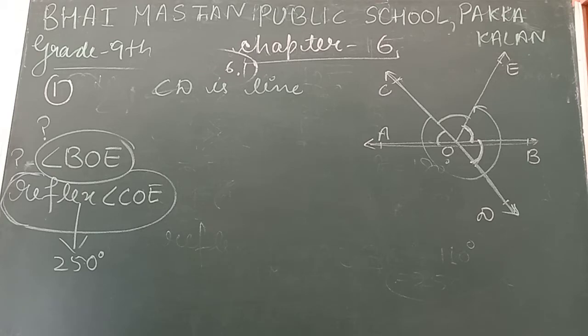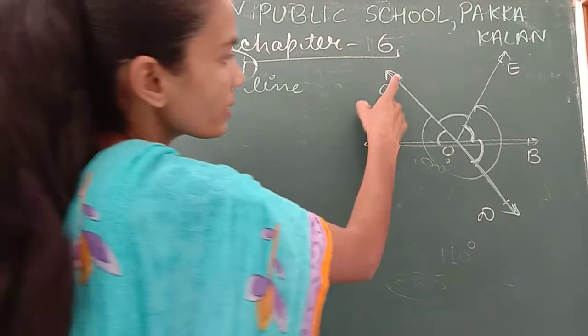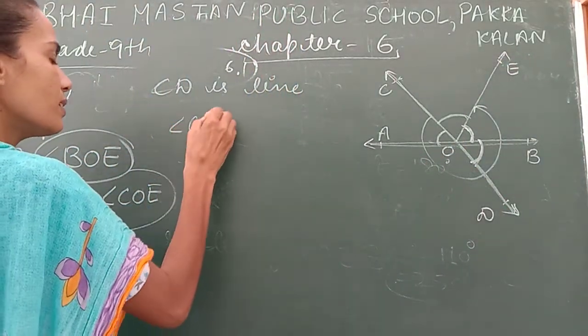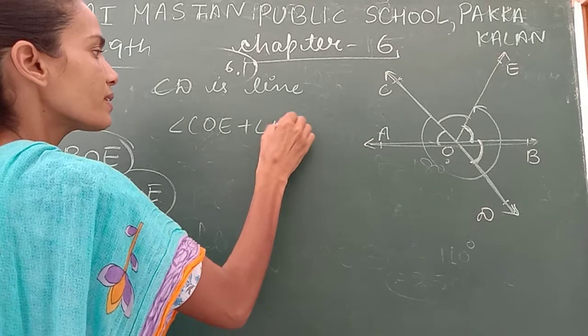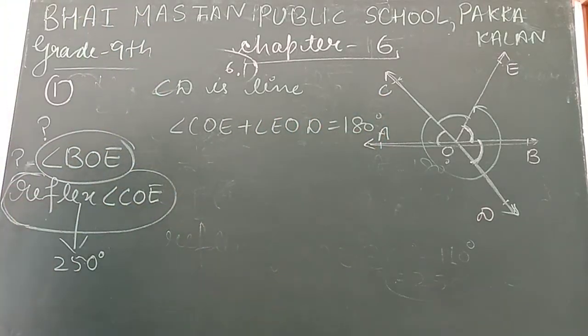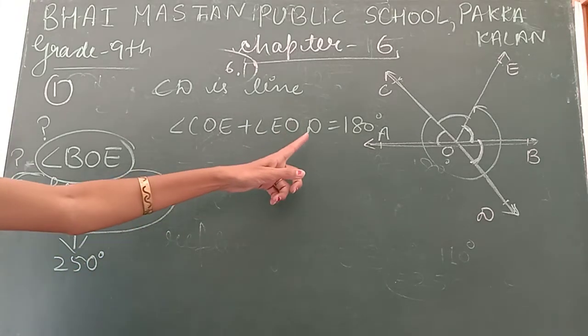So you have to write COE plus EOD. Angle COE plus angle EOD is equal to 180 degrees, because this makes a linear pair.